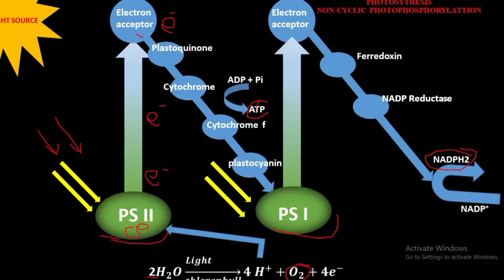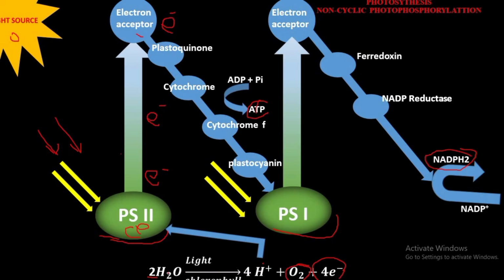The products of photolysis are hydrogen ions, oxygen, and electrons. These electrons are used to stabilize photosystem 2 that was oxidized by the photon of light from the sun. The hydrogen ions remain in the thylakoid space of the chloroplast.